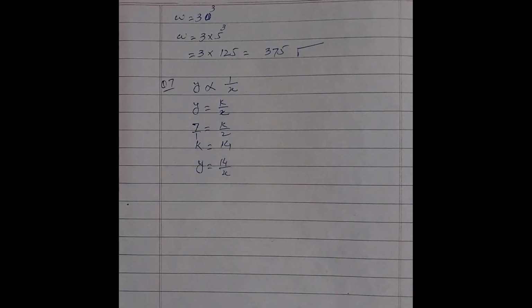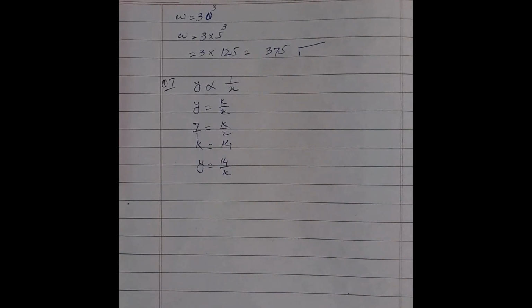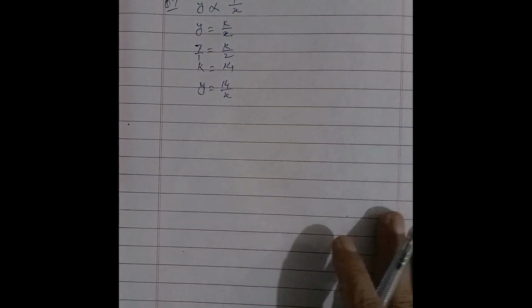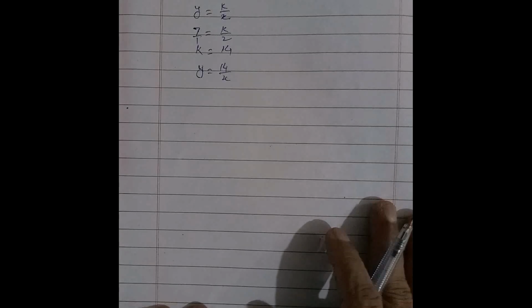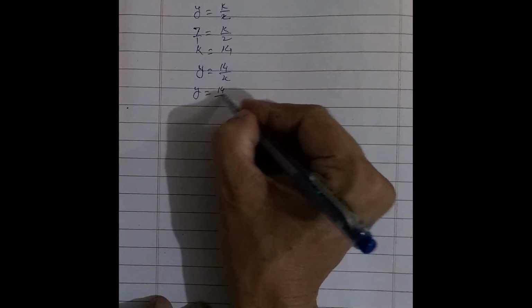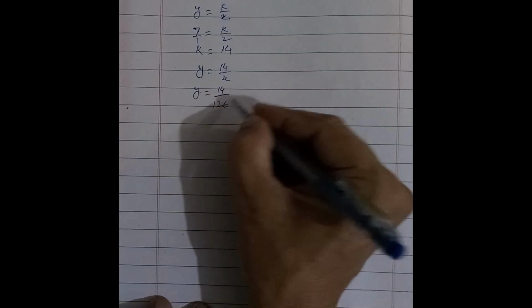Next, find the value of y when x is equal to 126. So we put the value of x, which is 126, to find the value of y. So y is equal to 14 over 126. Simplify these values.